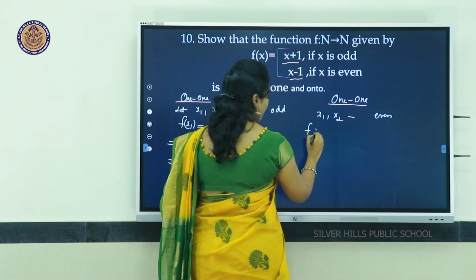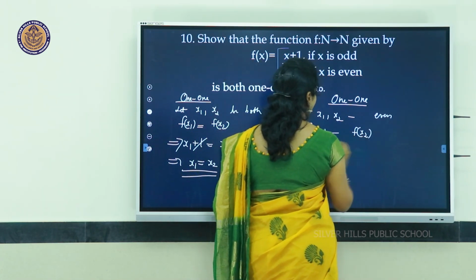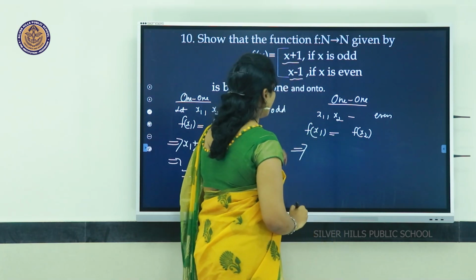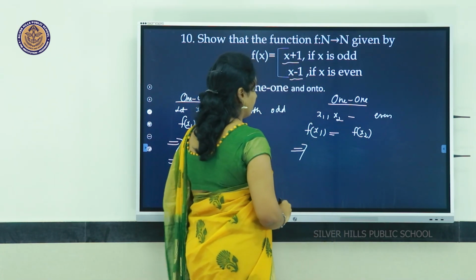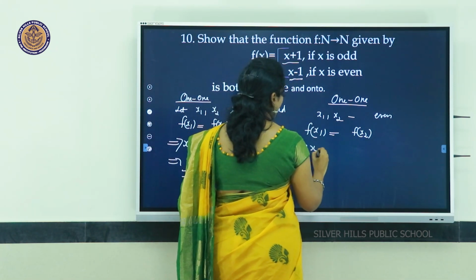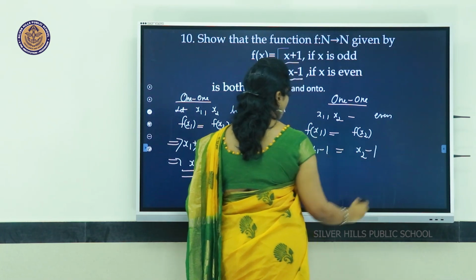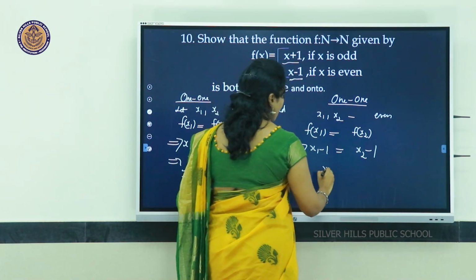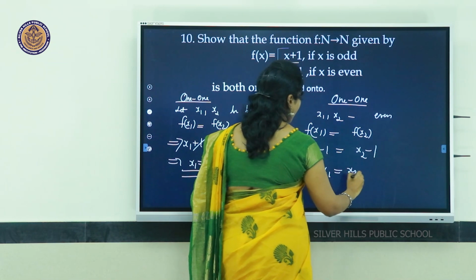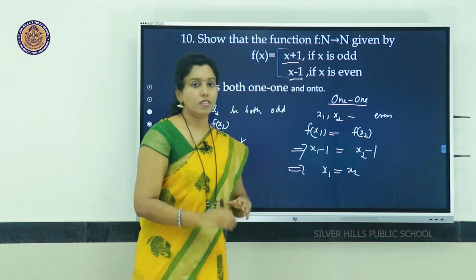So f of x1 equal to f of x2 implies, so if both are even, we will substitute here. So that is x1 minus 1 is equal to x2 minus 1, which implies x1 is equal to x2. So our selection was right, we got it is 1-1.